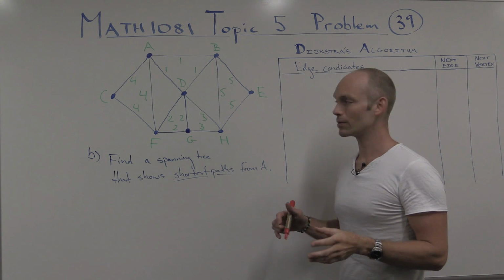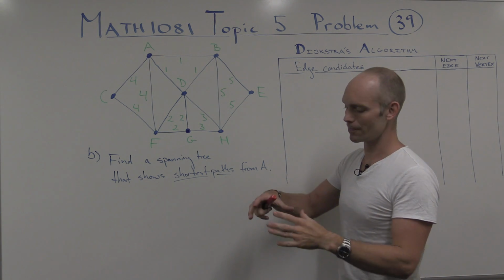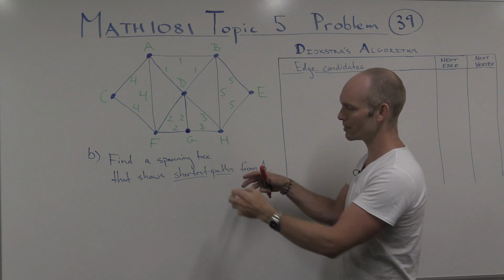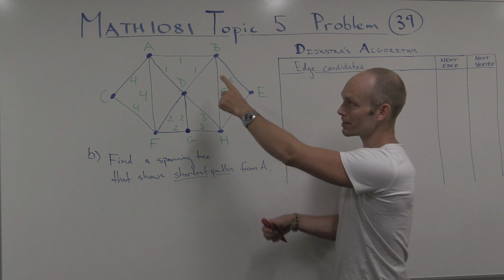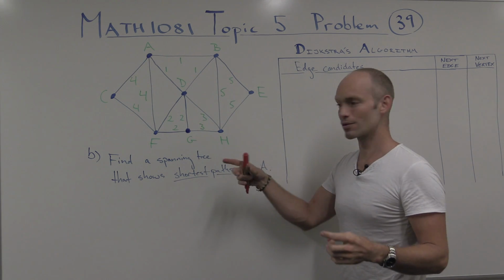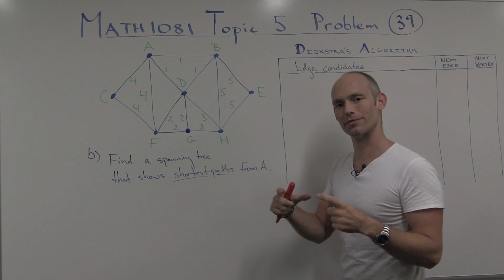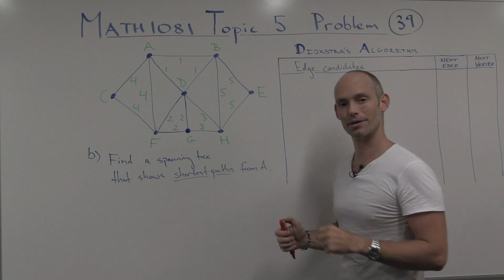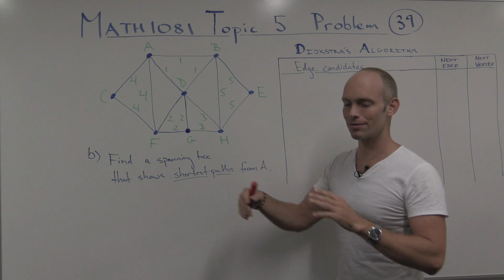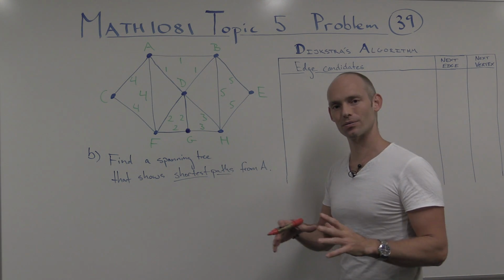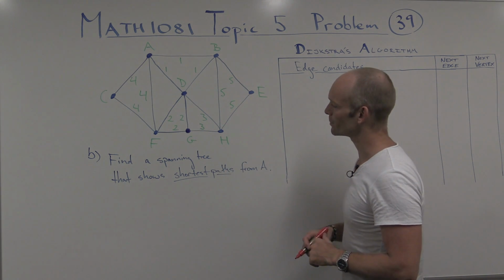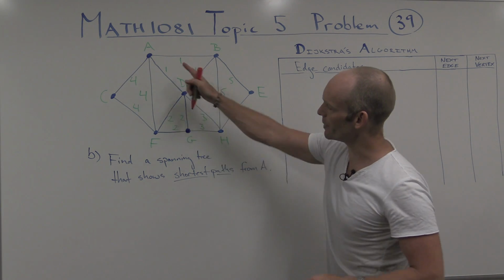But this time we're doing it in such a way that the spanning tree grows from a vertex, and at every step we've got a connected graph. In Kruskal's algorithm we were just adding edges and they didn't have to be connected until right at the very end. So we start with A.